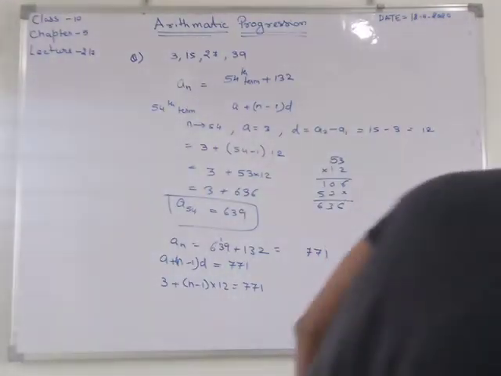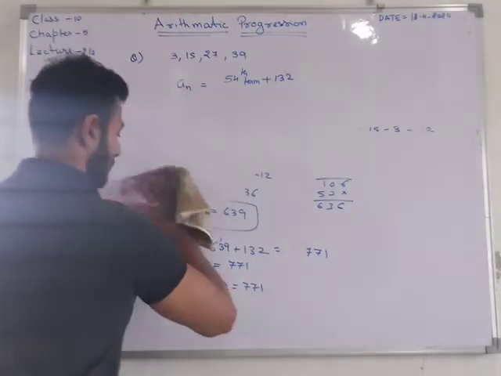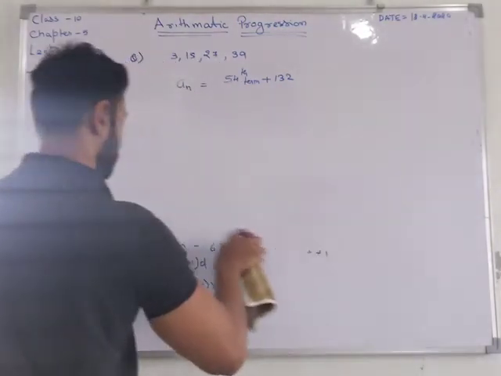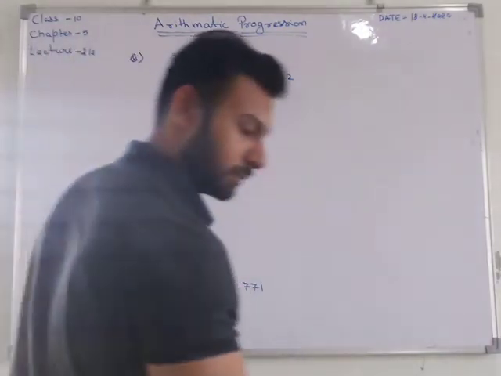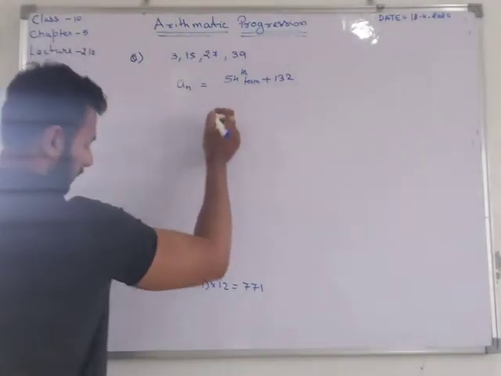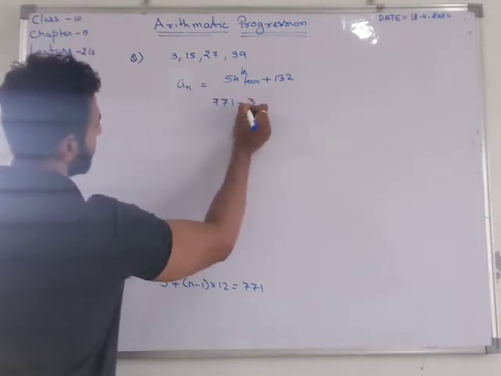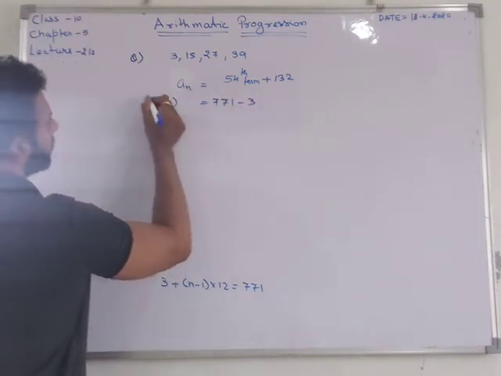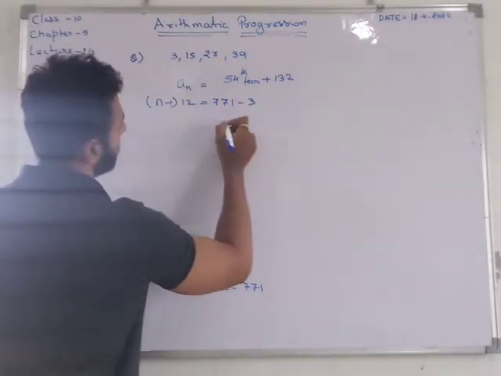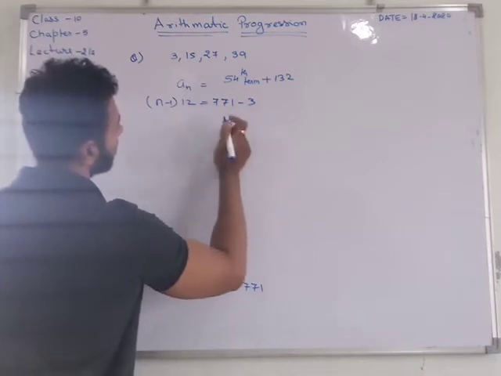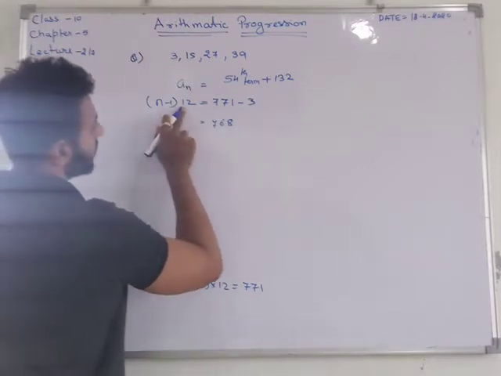Now solving this, taking this 3 to the right hand side, 771 minus 3 is equal to n minus 1 into 12. This will be 768. Taking this 12 to the denominator, n minus 1.